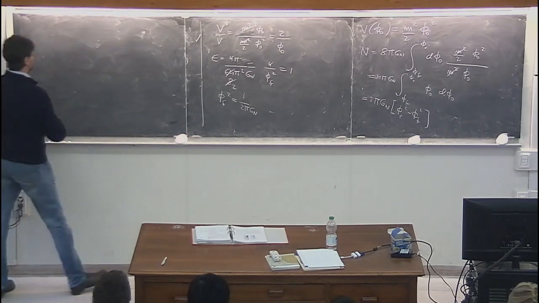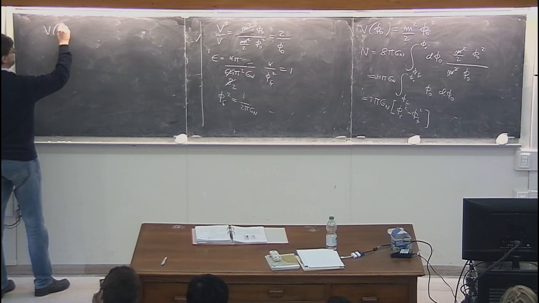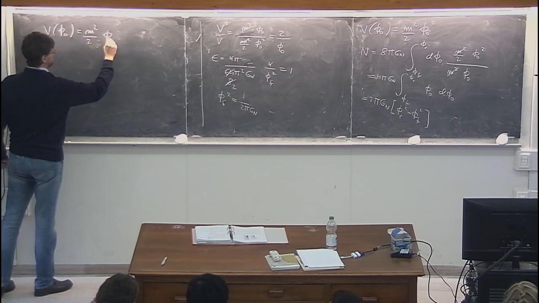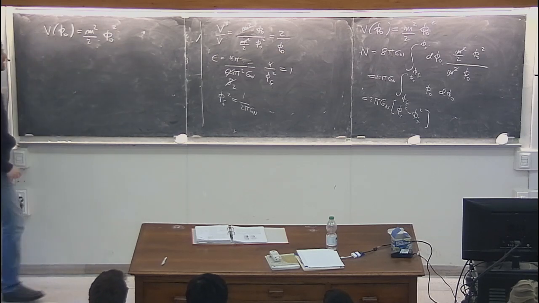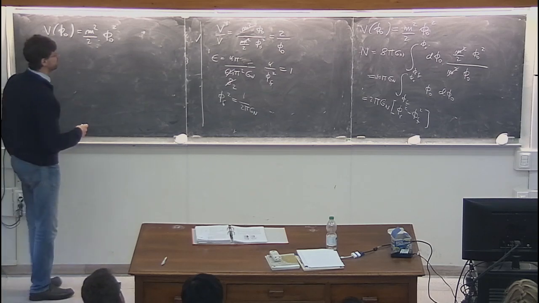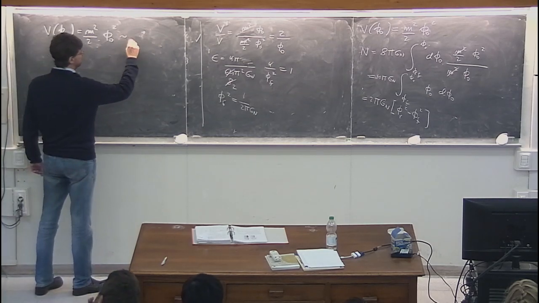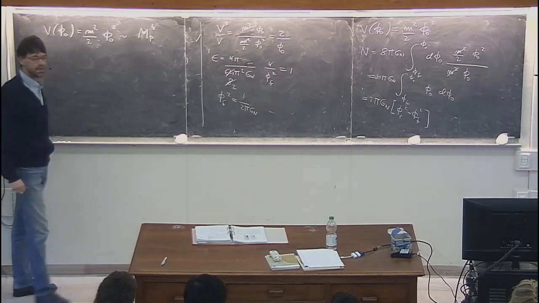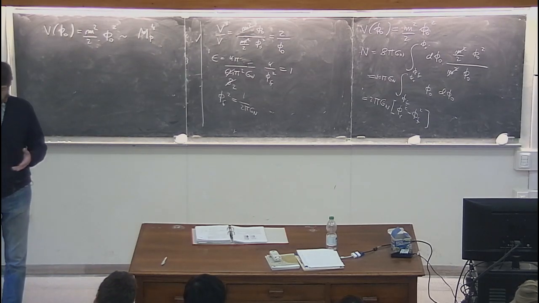I know that the potential is m square divided by 2 phi 0 square. So how can I judge the value of the scalar field at the beginning of inflation? Well, let's be brave and assume that this is of order of m Planck to the 4th.